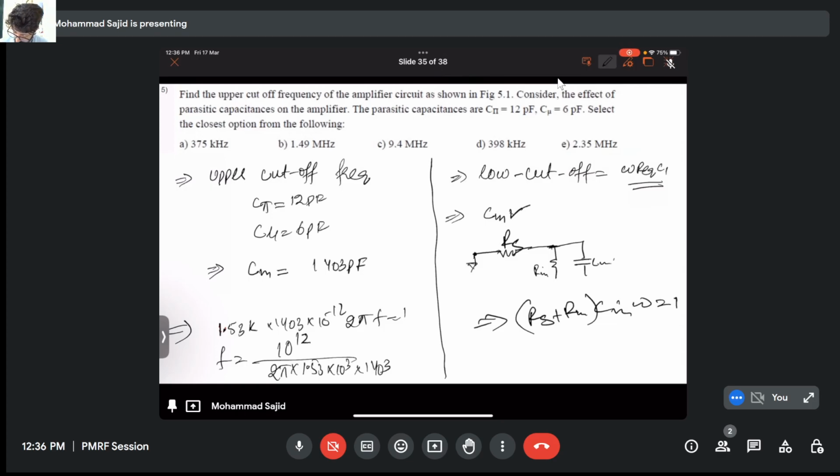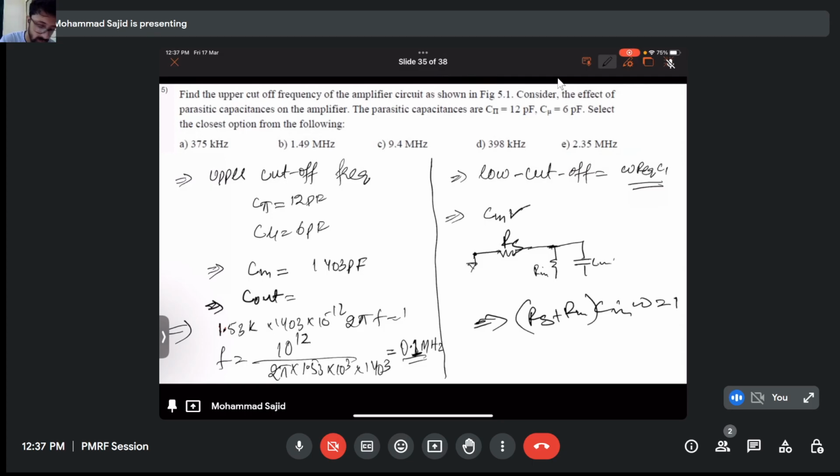That gives about 0.1 megahertz. Okay, so this is on the higher side, and similarly we can find the output part.